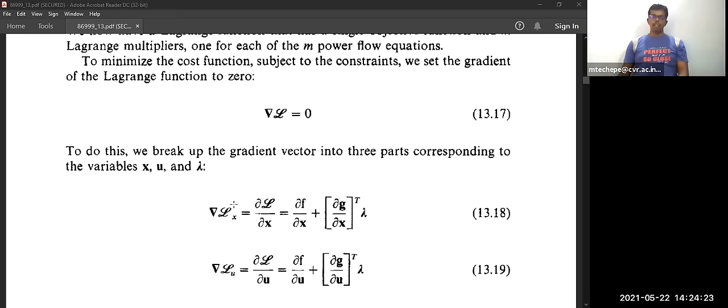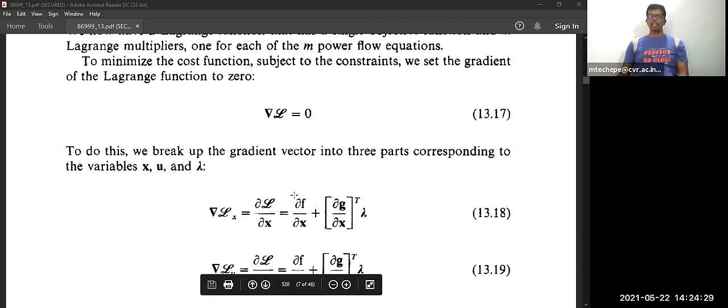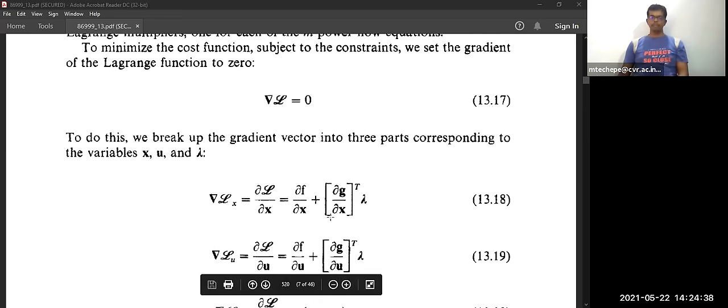Okay, so del of L x is equal to dou L divided by dou x, that is nothing but dou f divided by dou x plus dou g divided by dou x, the whole transpose of lambda.